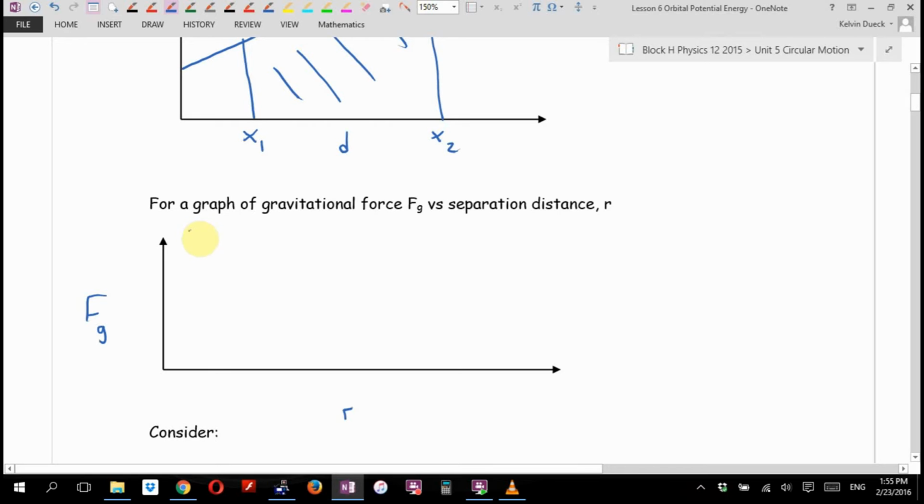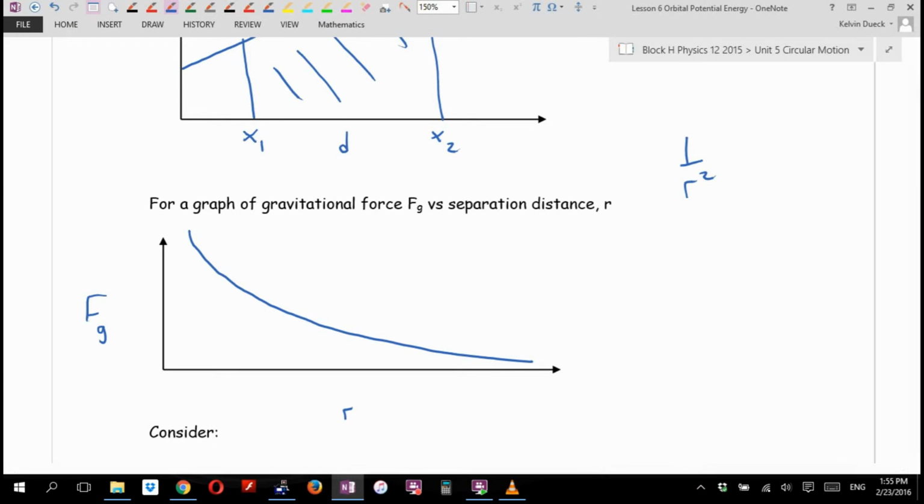The graph looks like this. For those of you in Math 12, it's the reciprocal of a parabola because the gravitational equation has an r squared in it, but it's 1 over r squared. It's the reciprocal of a parabola. I think you guys have done reciprocal functions in Math 12 now a little bit, yeah? Or you're doing it right now?